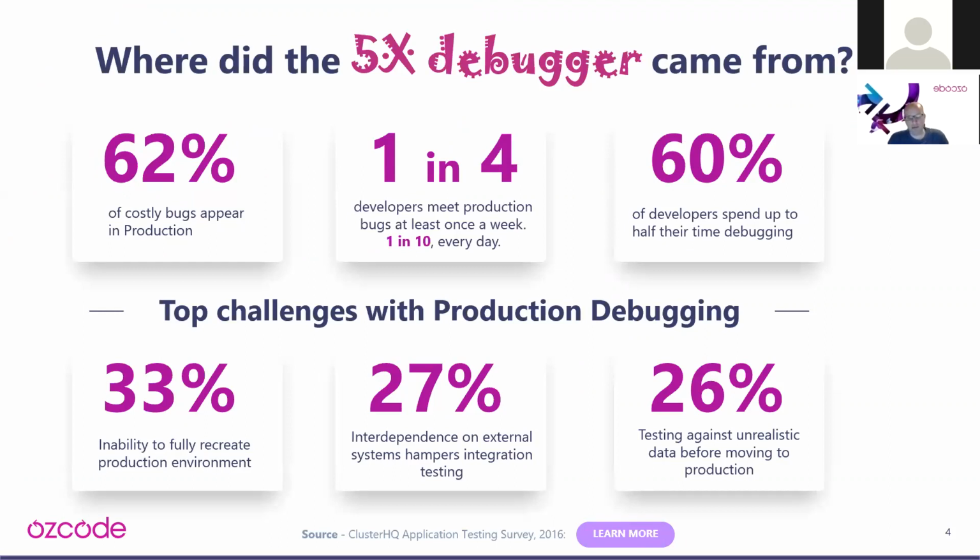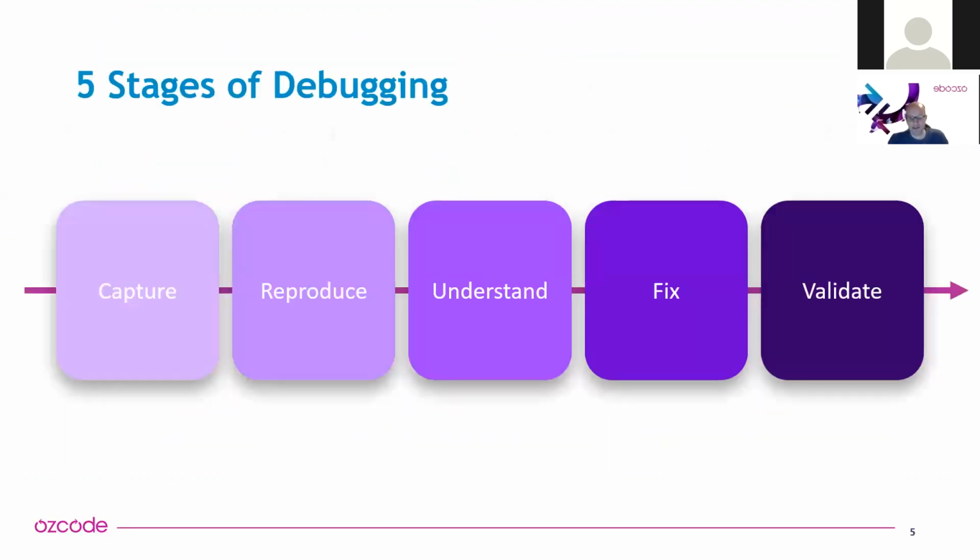I'm going to skip most of these slides because I want to really hone in on the core value proposition of Ozcode. What we do is essentially solve the issue of bug reproduction. We make it so that when a bug happens in production, it will be as easy, if not easier, for me as a developer to get information on that bug as if I had somehow magically been able to reproduce the same exact bug on the same exact version of the source code in production.